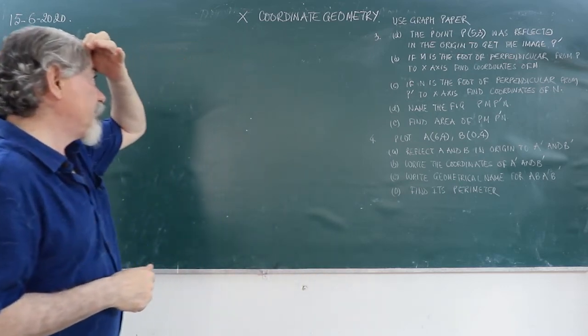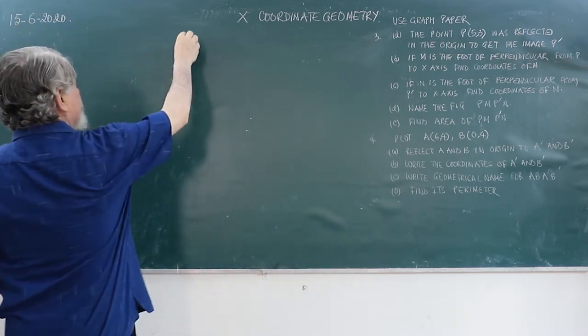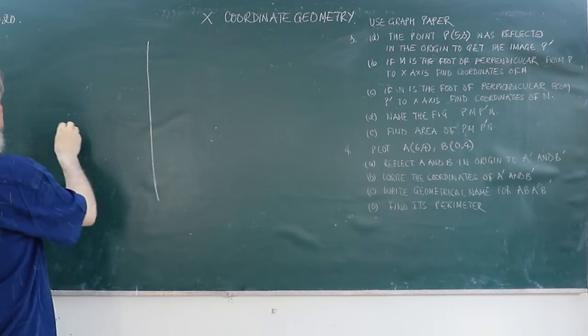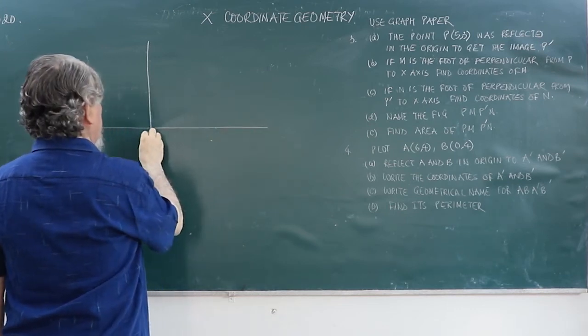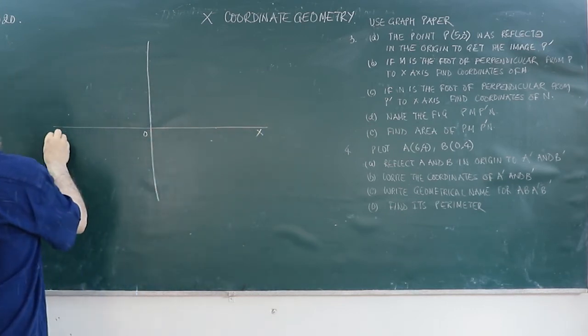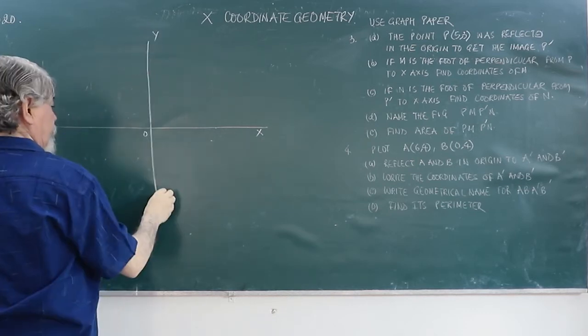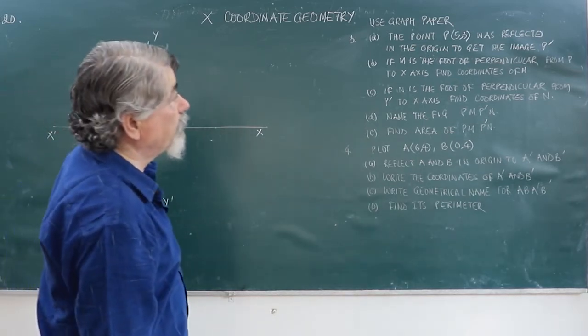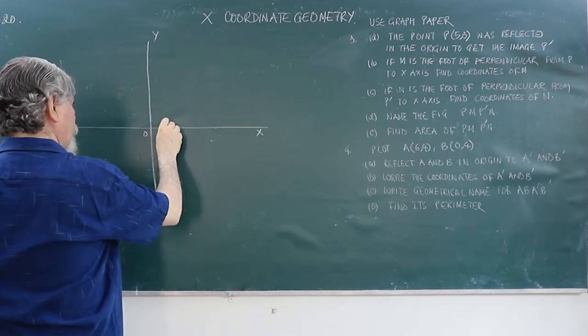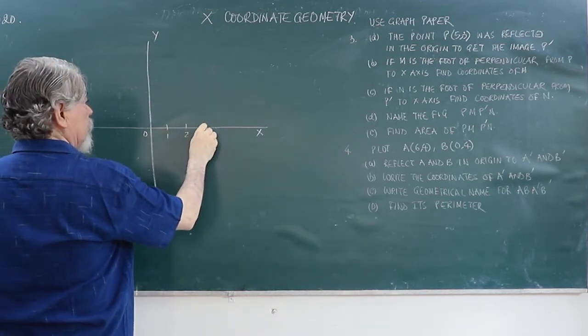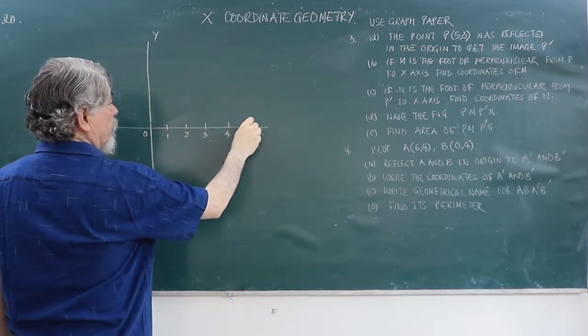For example, in this question he says, use the graph paper, so I'm going to first plot the axes. O, x, x dash, y, y dash. Let's see, the point is 5, 3. So 1, 2, 3, 4, 5.